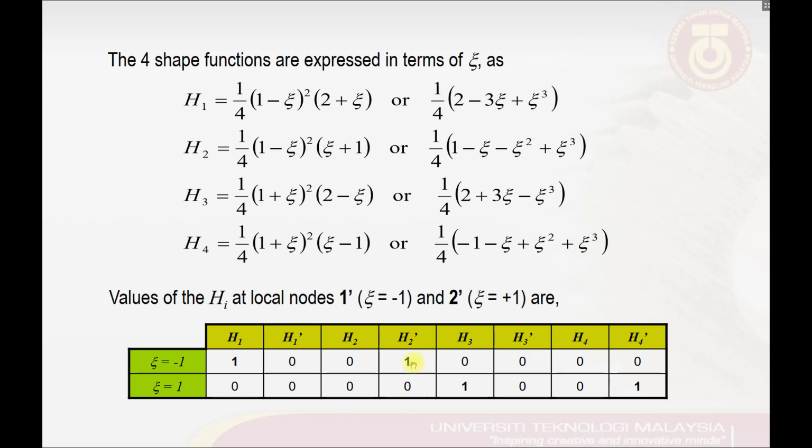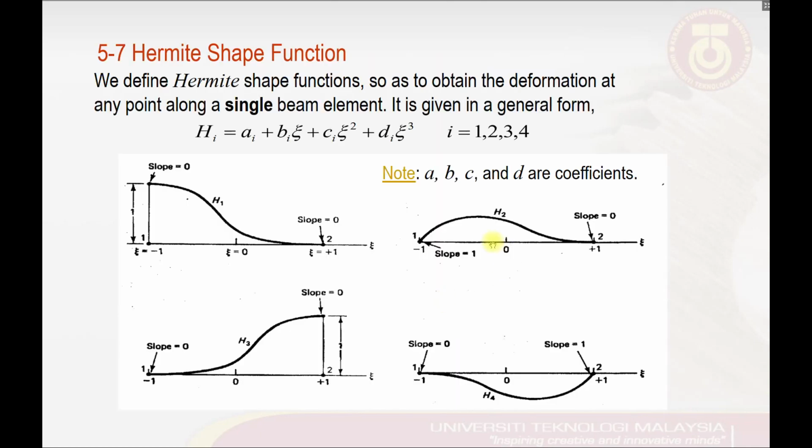However, we have rotation at the node on the left and 0 rotation at the node on the right. This can be represented by this curve here as well: we have slope but no translation, and we have no slope and no translation.